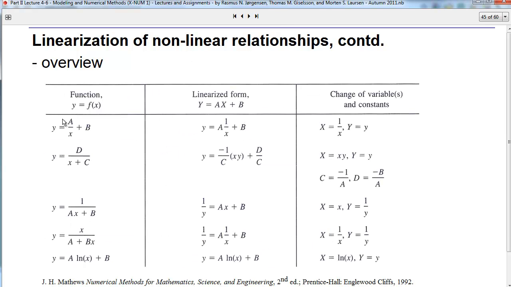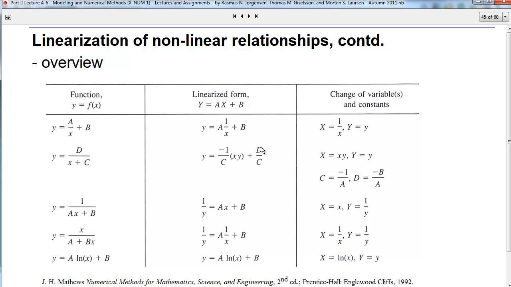Here are some examples of nonlinear functions, what you do to linearize them, and what you have to plot. Here you have to transform x by inverting it before you plot it. At this one, you have to plot x multiplied with y in order to get this.